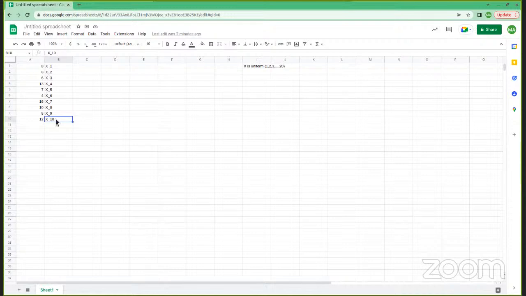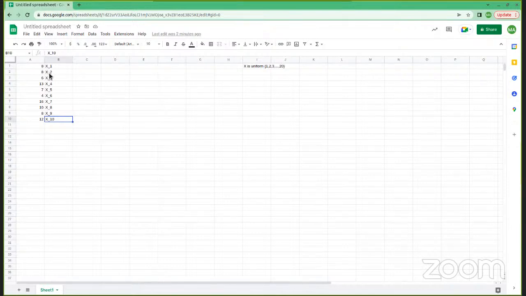Even here, we actually took these 8, 8, 6, 13, 7, 4, 16, 10, 8, 12. These are all samples taken from X uniform 1 to 20. So X is a random variable that can take values between 1 to 20. I don't know which value it takes. When I performed my experiment, my first sample was 8, so X took value 8 for the first time.